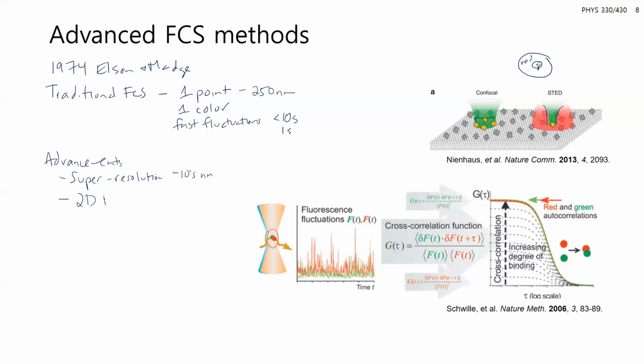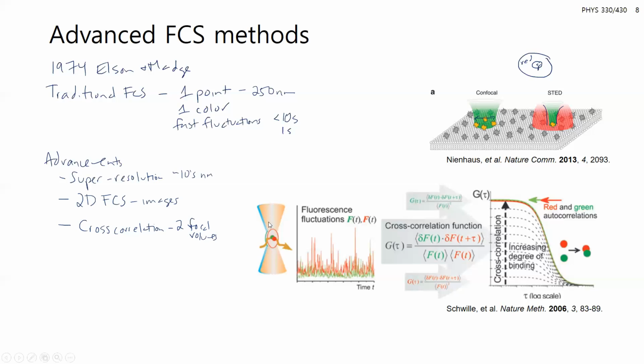People have also worked with 2D FCS, so working with images instead of just a single point. I mentioned that there's cross-correlation in addition to autocorrelation, and this uses 2 focal volumes, which I've shown here. They have a blue and a reddish colored focal volume.